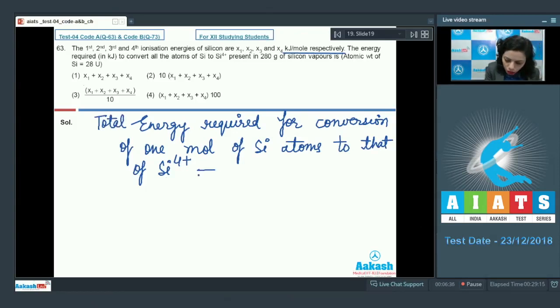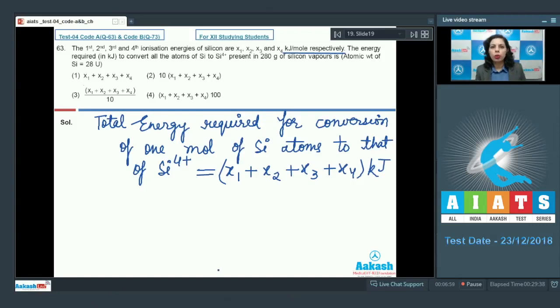So this is a continuous process. First conversion of silicon atom into Si positive ion, then from Si positive ion to Si2 positive, then Si3 positive, and then Si4 positive ion is formed. It means the total energy for 1 mole is X1 plus X2 plus X3 plus X4 kilojoule. This is for 1 mole. But how many moles are given? That we have to check here.